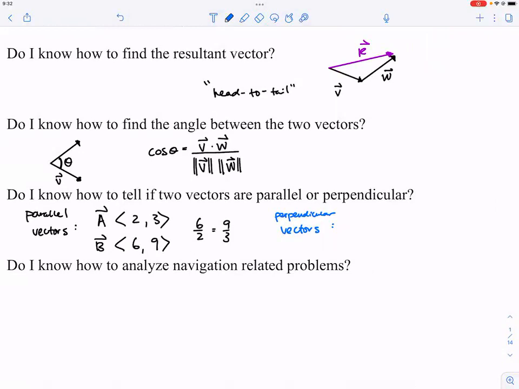Well, with lines that's when you have a negative reciprocal, but with vectors, that means the dot product must equal 0. Using the previous equation, if the angle is 90 degrees, cosine 90 is 0. So if cosine 90 is 0, the fraction is equal to 0.